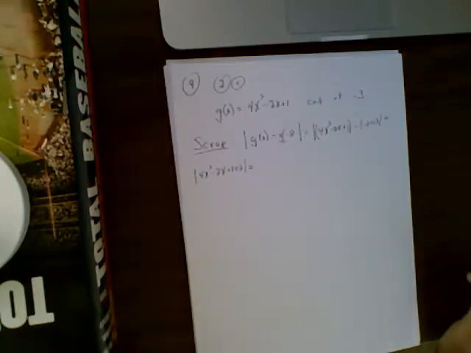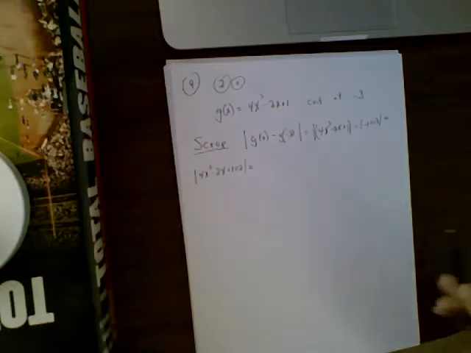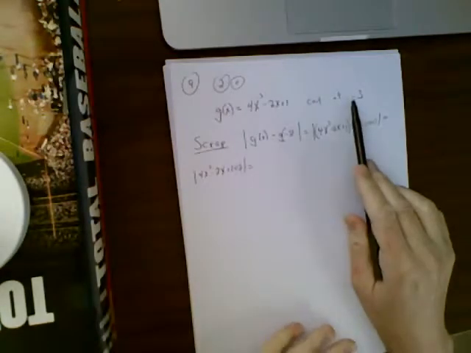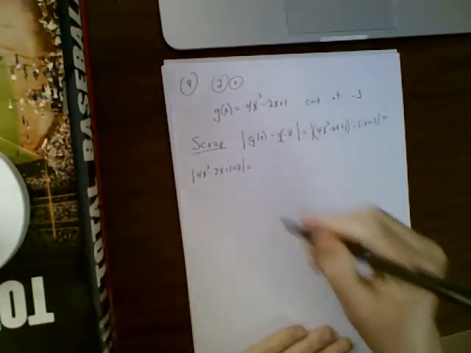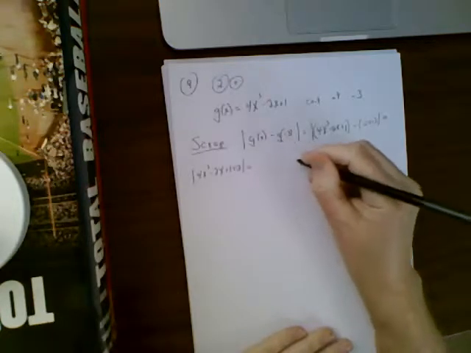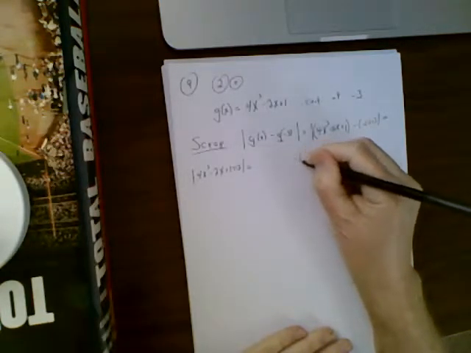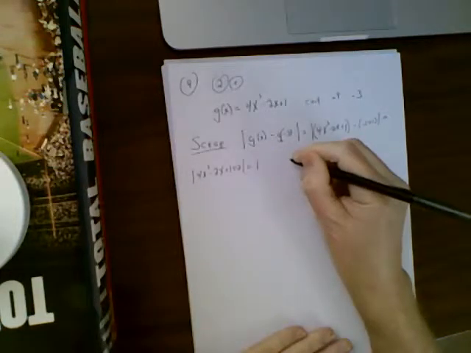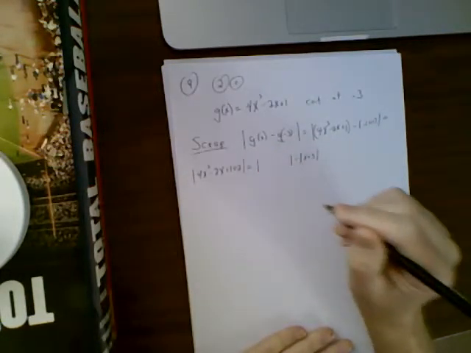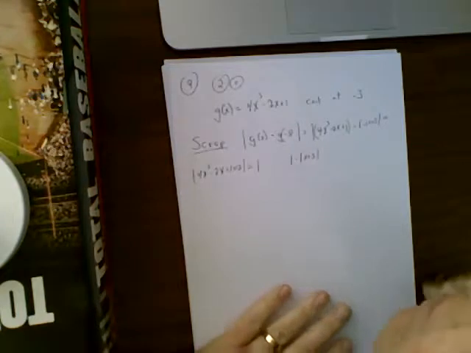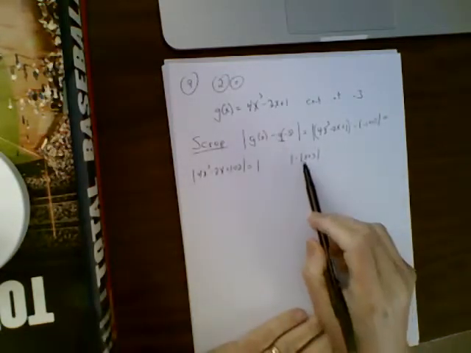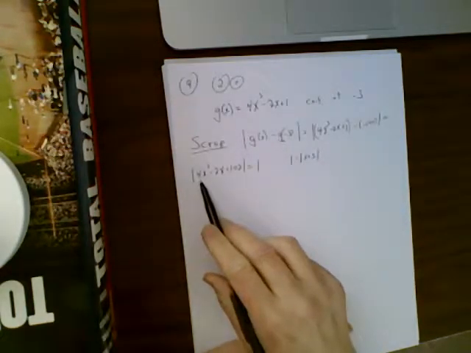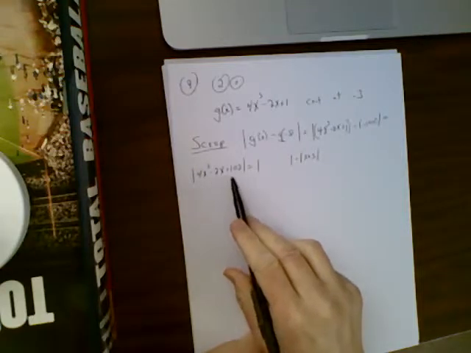And the idea is one should be able to factor out x minus negative 3, or x plus 3. So I should be able to factor out an x plus 3. And then by long division or synthetic division or however you want to do it, you should be able to factor an x plus 3 out of 4x cubed minus 2x plus 102.